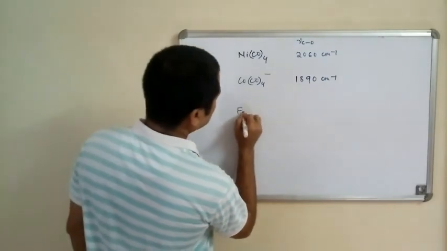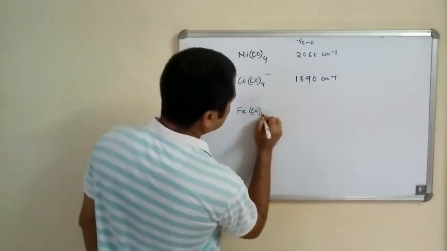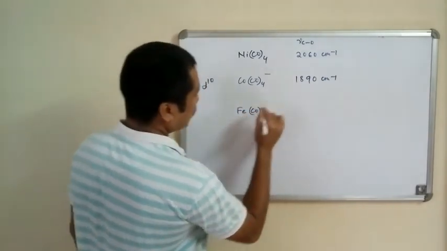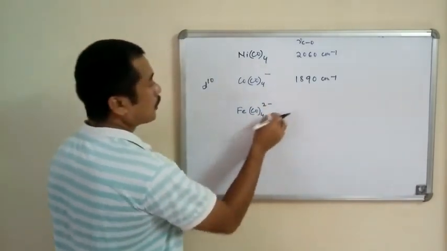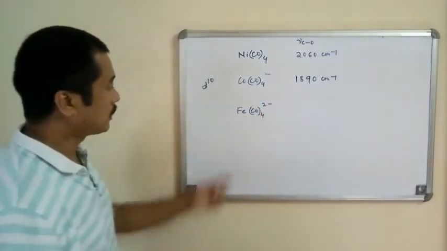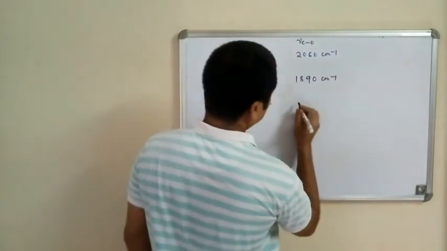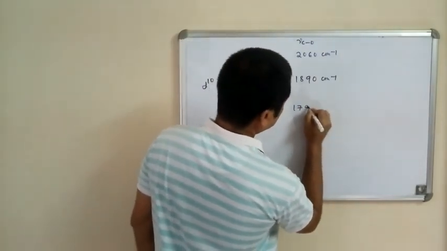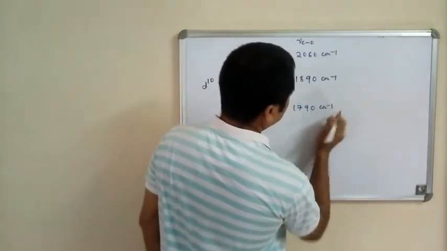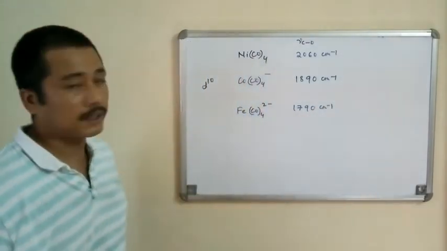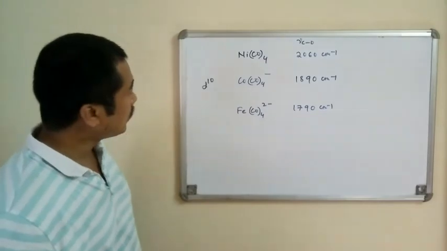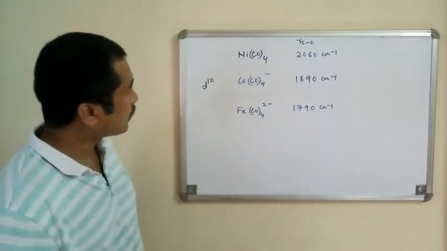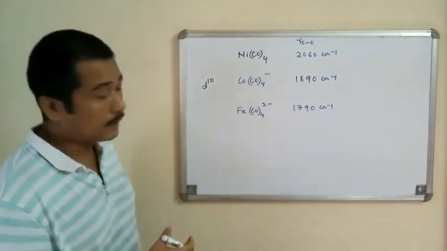For iron, which is as such a d8 metal center, but in this tetracarbonyl complex with two negative charges, there are 10 electrons now in the iron d orbitals, and the CO stretching vibration in this complex appears at 790 centimeter inverse.